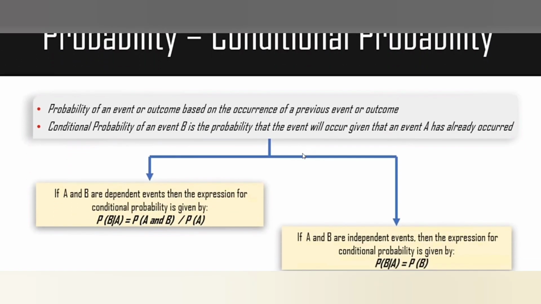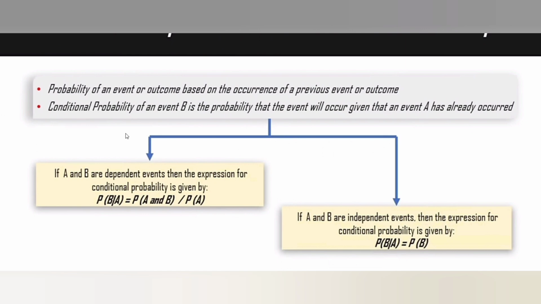So conditional probability. What is conditional probability? It means the probability of an event or outcome based on the occurrence of a previous event. It will depend on the previous event. The conditional probability of B will depend upon A having already happened. So if A and B are dependent, then the expression for conditional probability is P of B given A, which is the probability of A and B divided by the total probability of A. You are finding A's probability.